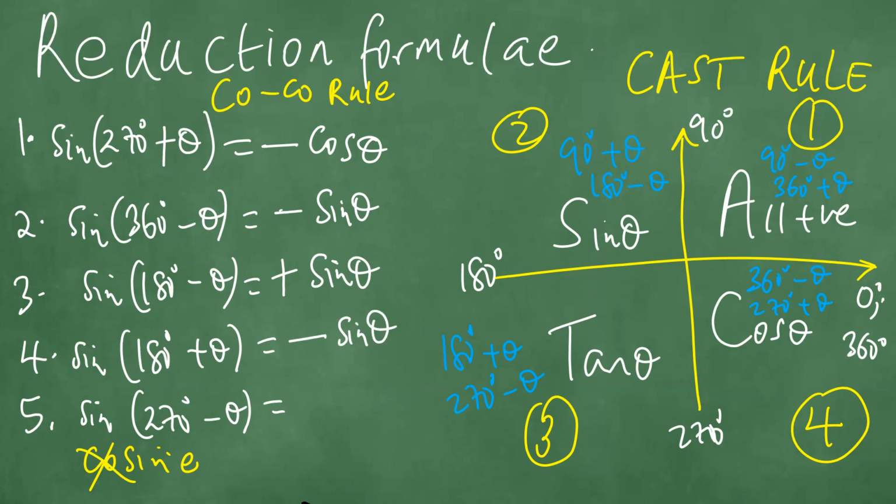Okay, number 5 is a little bit tricky. It has a 270. It has the co-co rule in it. What is going to be the answer to number 5? It's tricky. It has some co-co in it because it has 270. So what answer are we going to have to number 5?